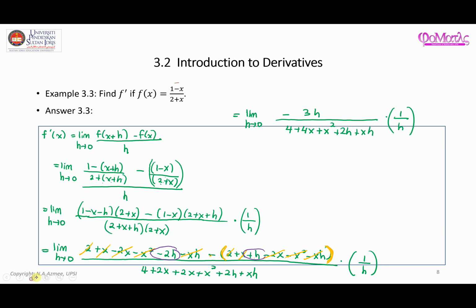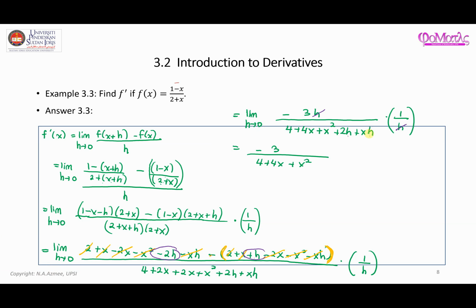And clearly, based on that, you can cancel out h and h, and so you are left with this expression here. If you substitute 0 into h, this will become 0 and this will also become 0, and so the final answer is going to be negative 3 over 4 plus 4x plus x squared.